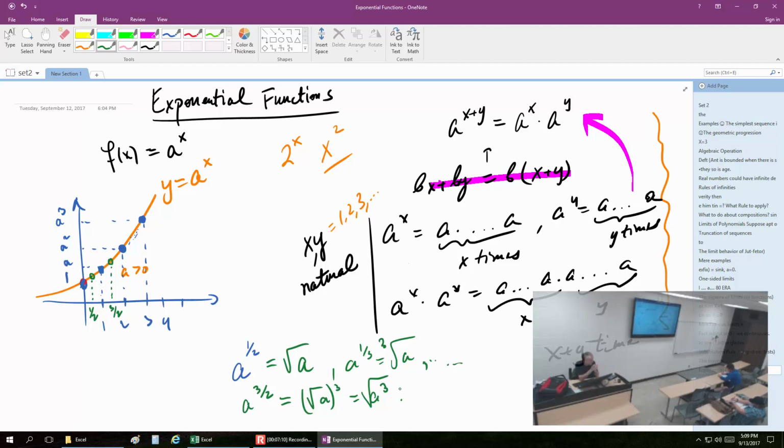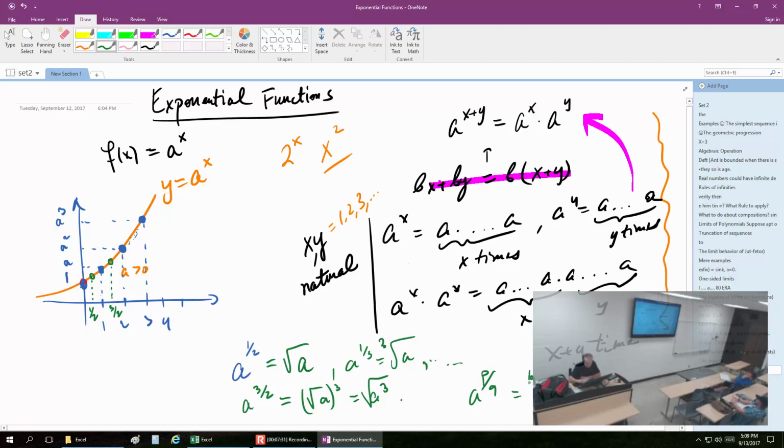Combined together, those fractional, or also known as rational exponents, x could be rational, we can take care of it. A rational number, remember, is just a fraction, p over q, integers, and you can compute it as just taking the qth root of a.